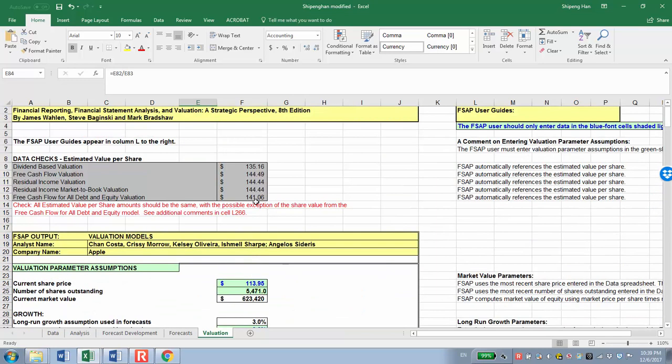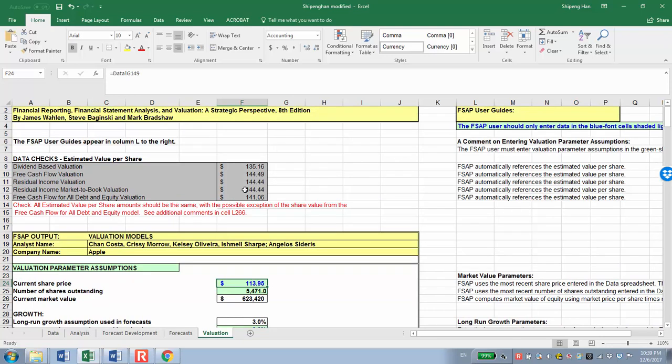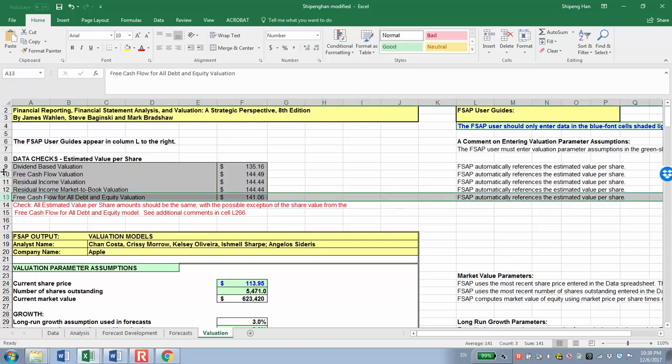We also find the results of free cash flow for all debt and equity valuation are different. The reason is when we calculate the WACC, we use the market price of a certain date, which is different from the valuation we use. So that's why there's a difference between this model and the rest.